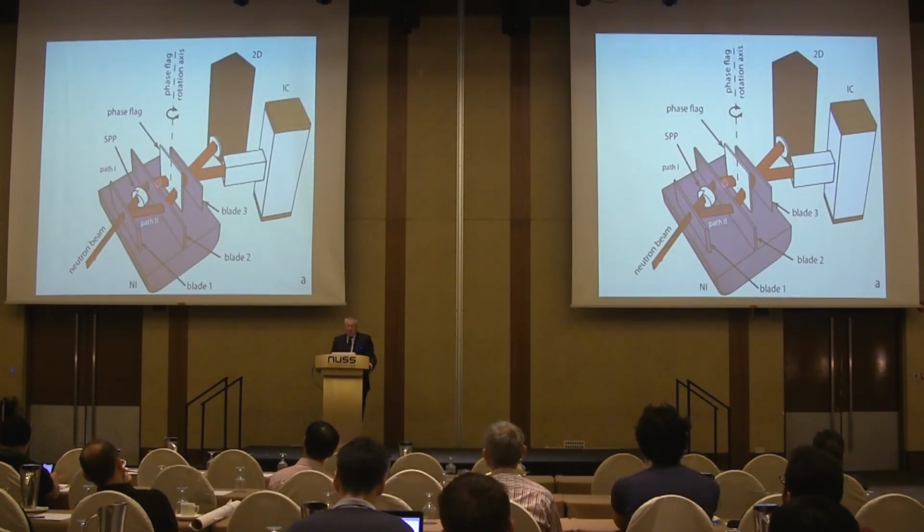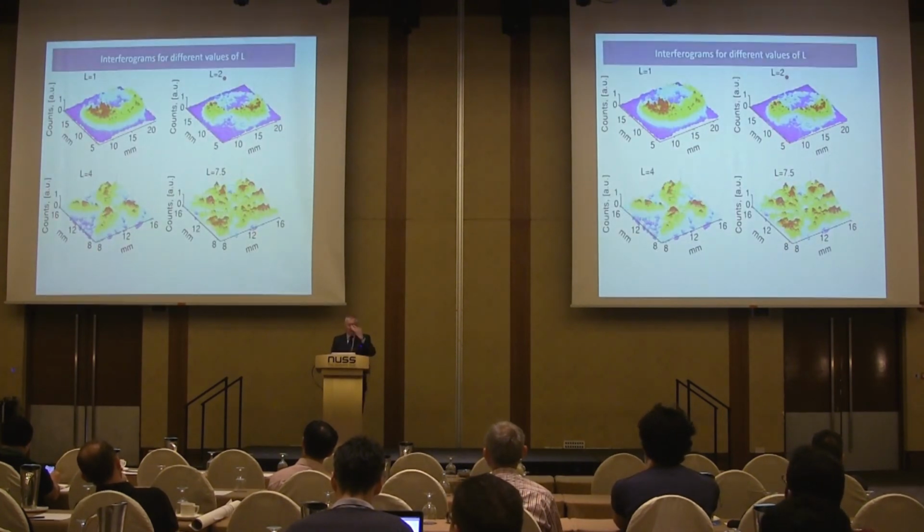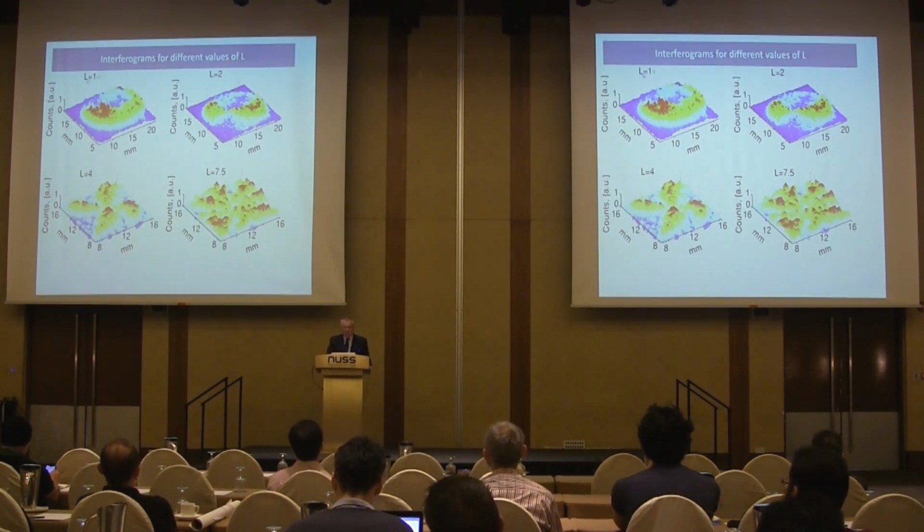Here's the basic implementation of a phase plate in a Mach-Zehnder interferometer. A phase plate in one arm interferes with the path in the other arm, and there's a 2D imaging detector. And then for different values of the winding constant, or the topological quantum number, we see an interferogram that has the structure that's consistent with the winding number.